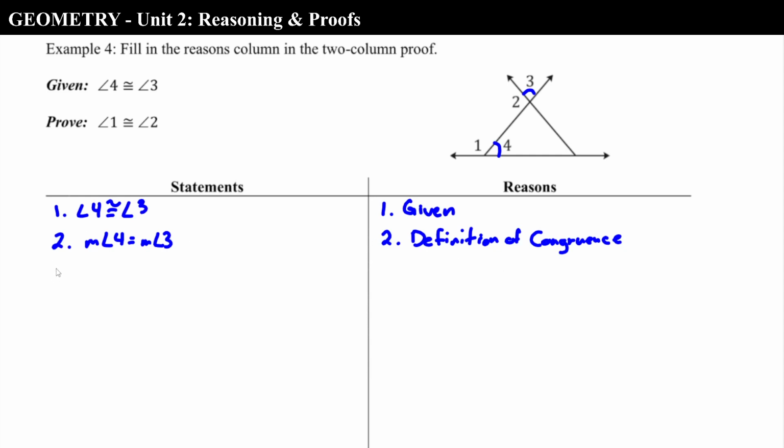Now, let's see what observations we can make from here. Well, we know that 1 and 4 form a linear pair, and 2 and 3 form a linear pair. So we're going to say that angle 1 and angle 4 form a linear pair, and the same can be said for angles 2 and 3.